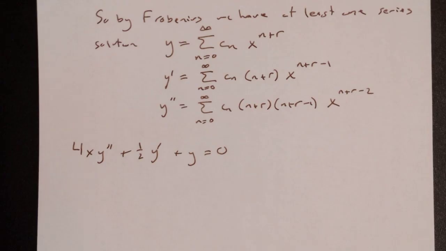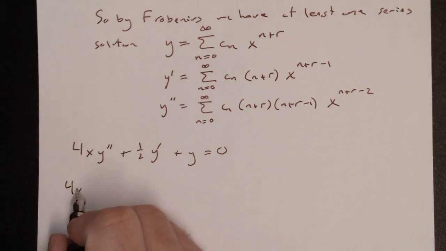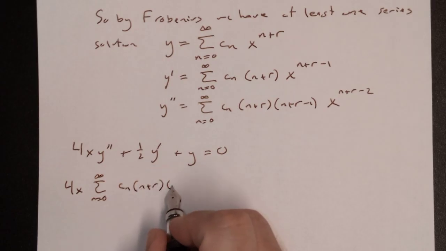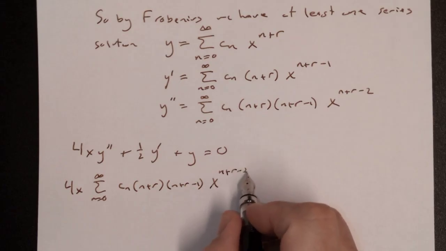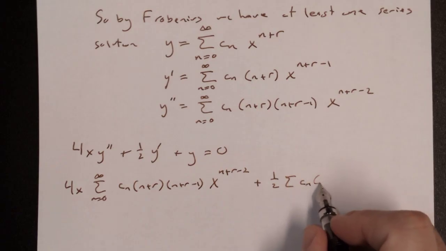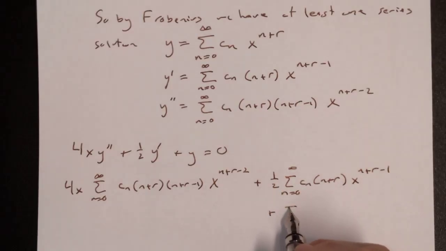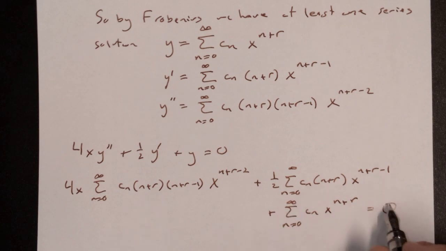So it's about to be a lot of messy, ugly algebra. All I did was copy in the sums where y prime and y double prime are.